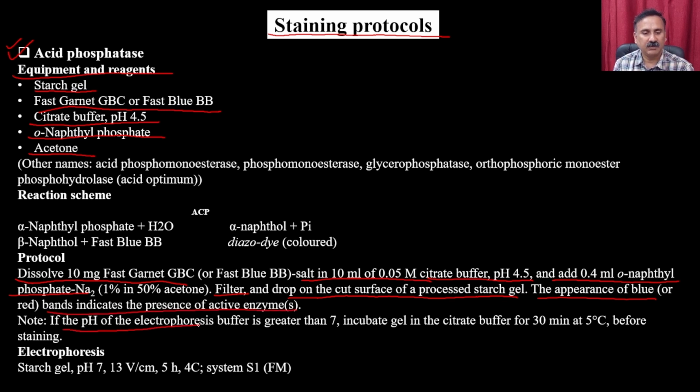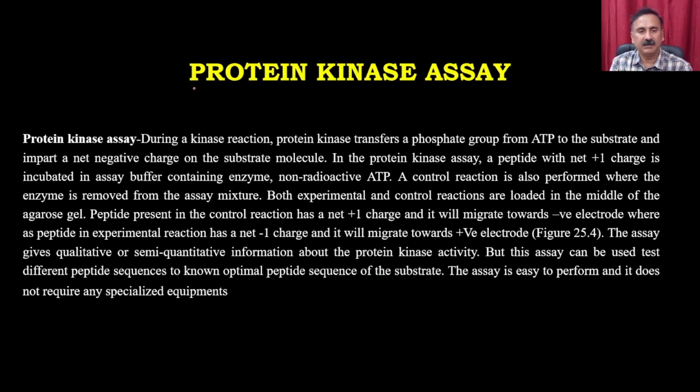Note: if the pH of the electrophoresis buffer is greater than 7, incubate the gel in the citrate buffer for 30 minutes at 5 degrees Celsius before staining. For electrophoresis, you run the starch gel at pH 7 and 13 volts per centimeter for 5 hours at 4 degrees Celsius.